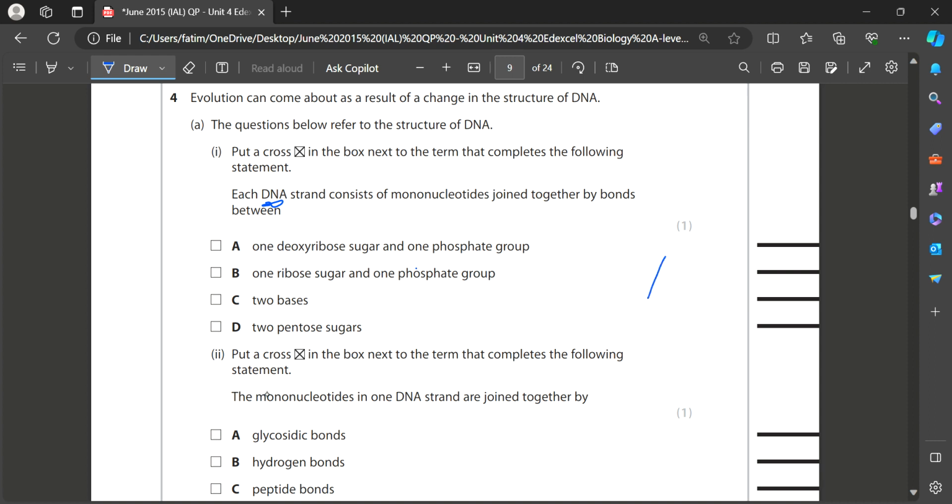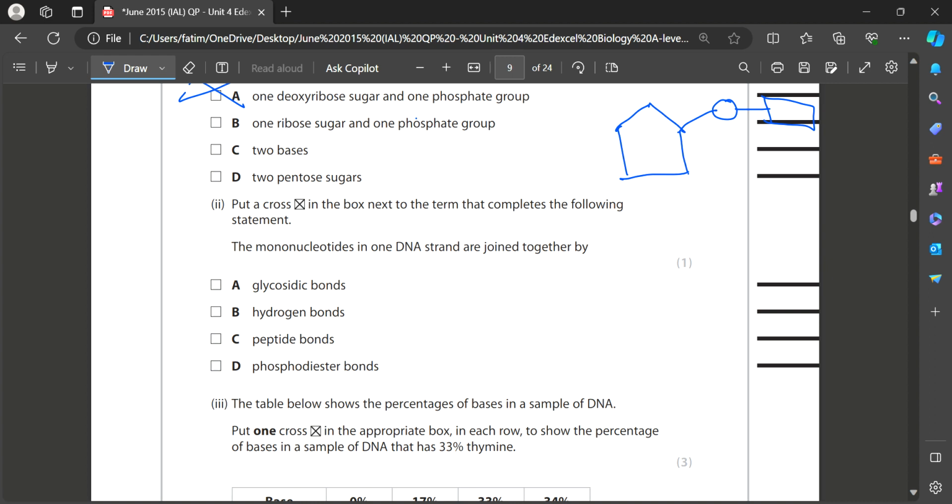If you can draw it out, I'll draw it out for you now. It's like a pentose sugar group, like this. And then it's just like this and this. That's one nucleotide, and then the phosphate group is going to attach to the house pentagon looking shape. So it's going to be this.